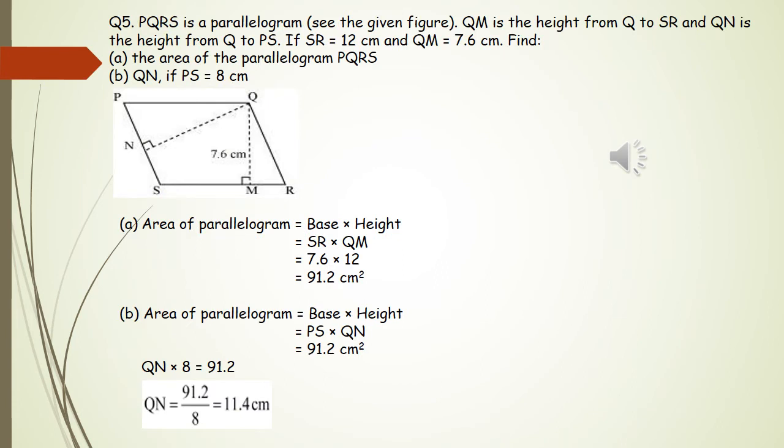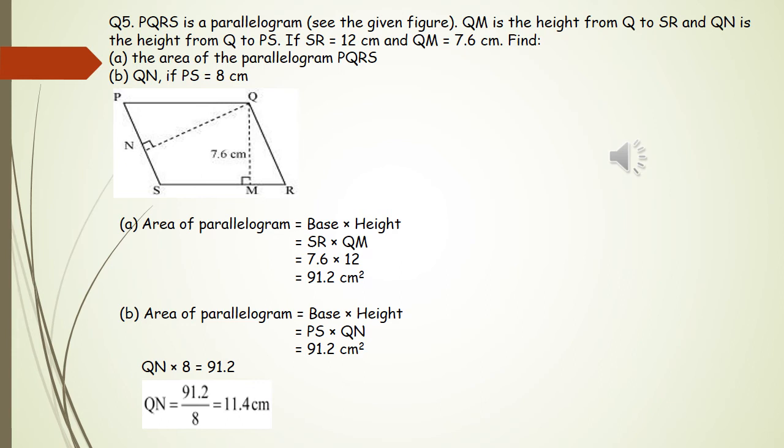Sum number 5. One parallelogram is given, PQRS. QM is the height from vertex Q to the base SR, and QN is another height from the same vertex Q on the base PS.